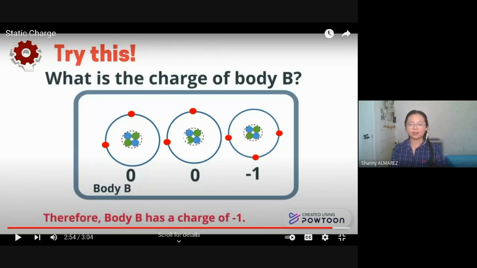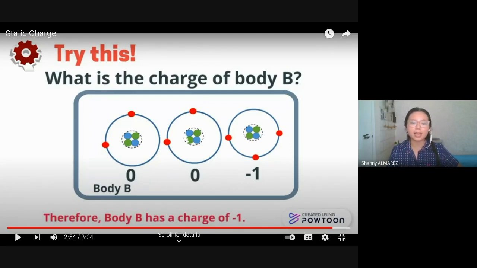So the process of charging an atom, we call it ionization. It means that the atom has an imbalanced number of protons and electrons.